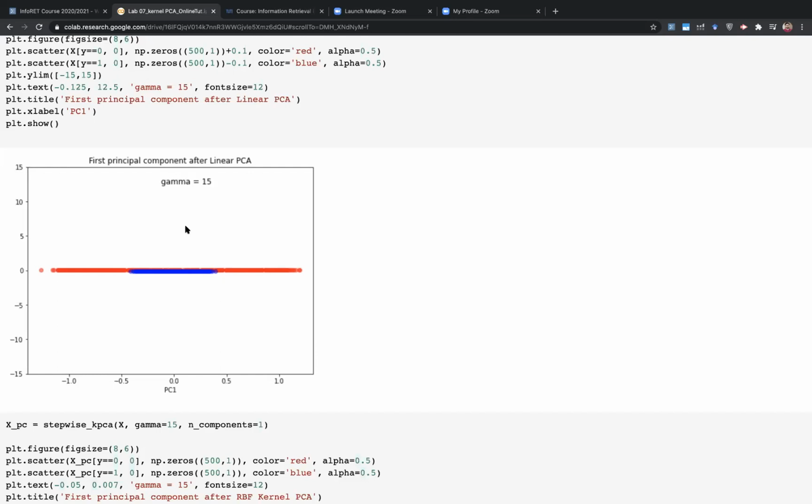But with the kernel trick and with Mercer's theorem, we actually don't need to perform that transformation. I mean, we don't need to know that transformation function, which we'll also show shortly in the theory exercise.